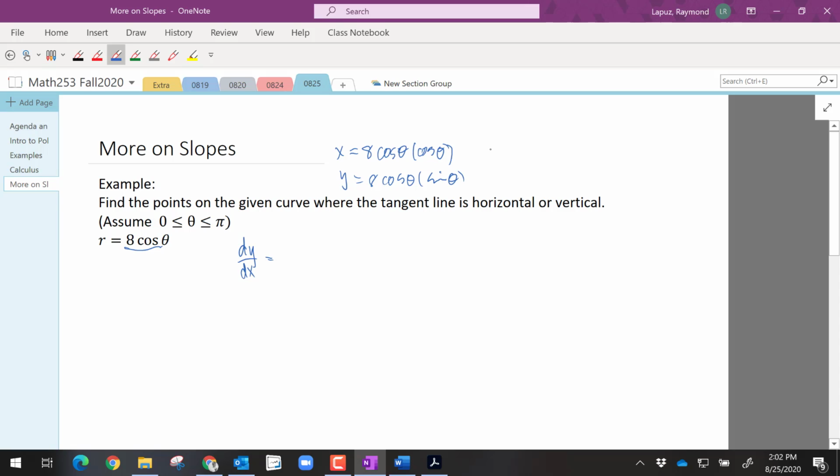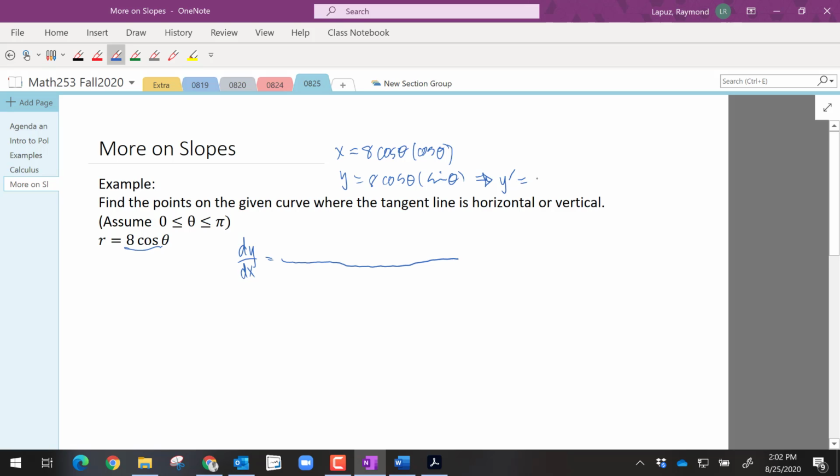And then we need derivatives of each of them. So the first one, or the numerator for our derivative, is going to be y prime. So we're going to need to do a product rule. It's a product.